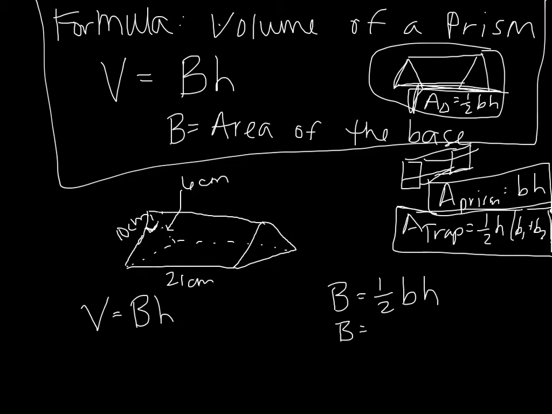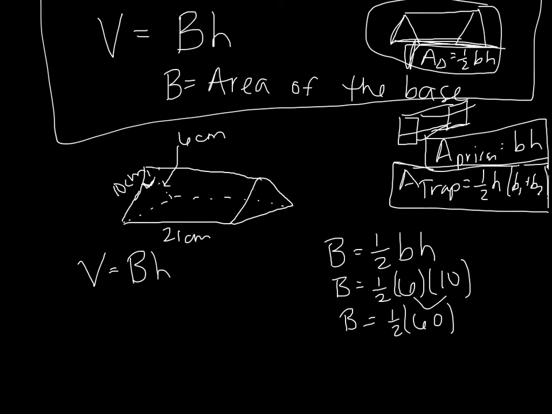So the area of my base is going to be 1/2 times our base, which is 6, times our height, which is 10, and get 60 there. 1/2 times 60 is 30, so the area of our base is 30.